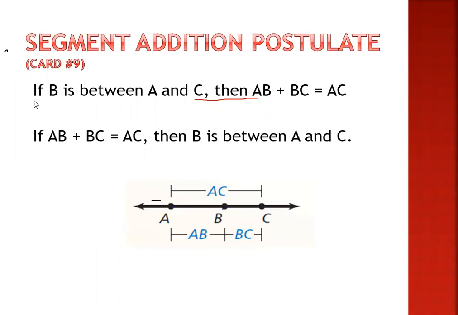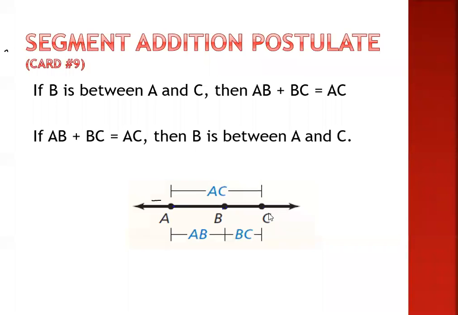In this one, if B is between A and C, then AB plus BC equals how much? Equals AC. Let me ask you a question. Do you notice that B lies exactly in the middle between A and C?